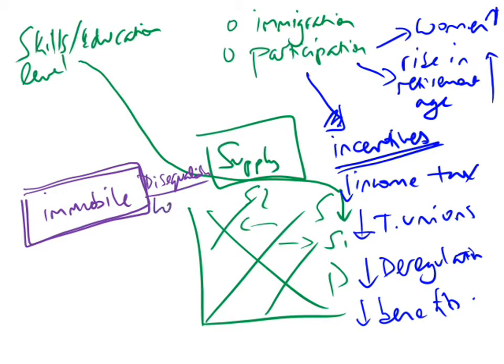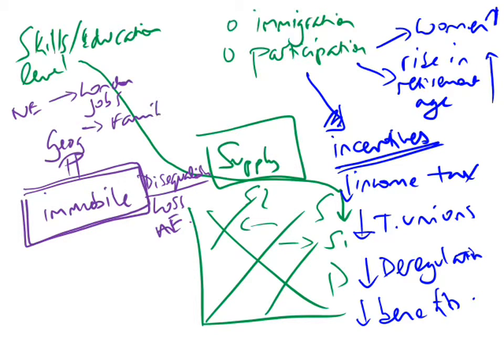And that will mean there'll be a loss of allocative efficiency, as wages would be too high and supply too low in some markets, but too low and too high in other markets. The two main ones are geographical immobility, so people staying in the northeast when the jobs are in London. And this can be for reasons such as family or the cost of living in London.